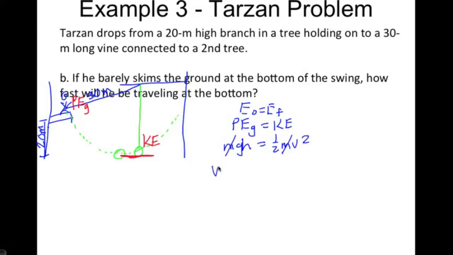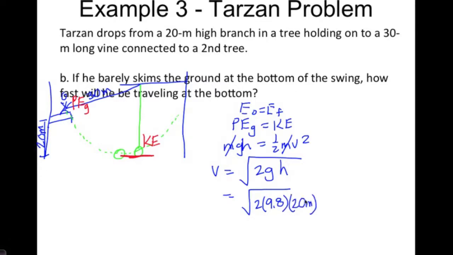We're looking for velocity, so if we solve for v, we get the square root of 2gh. When we plug in our givens, 2 times 9.8 times our initial height, which was 20 meters, we get a velocity of 19.8 meters per second.